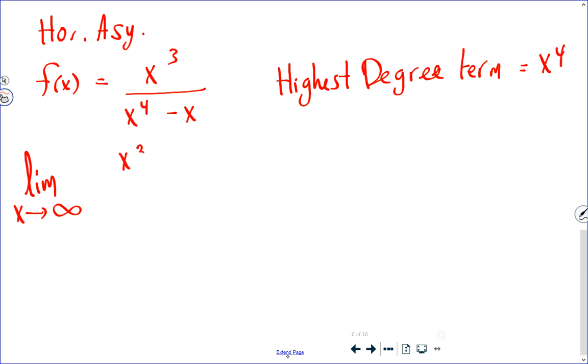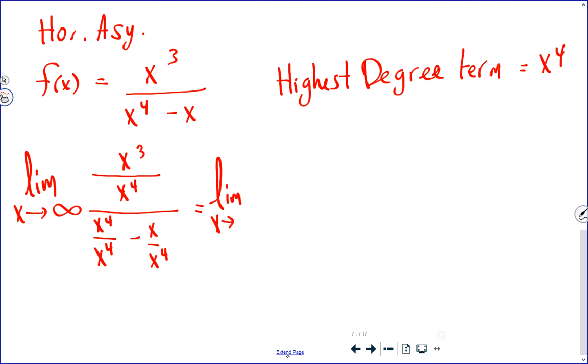So we're going to have x cubed over x to the 4, over x to the 4 over x to the 4, minus x over x to the 4. Now what does this give us? It gives us the limit as x approaches infinity of, in the numerator I have 1 over x when I simplify that. In the denominator I have 1 minus 1 over x cubed.